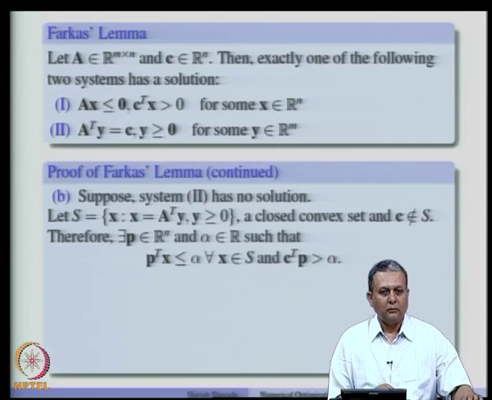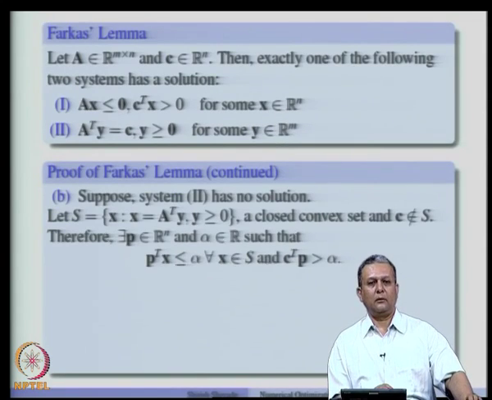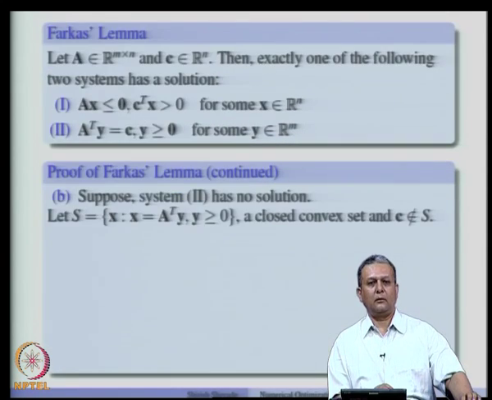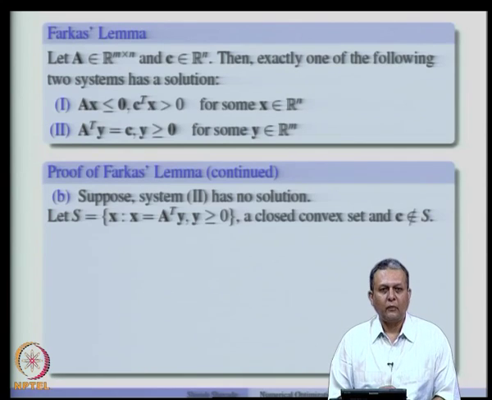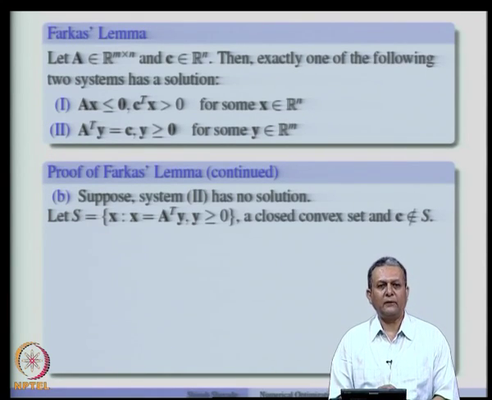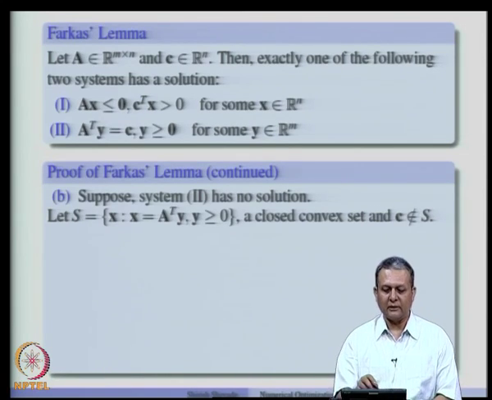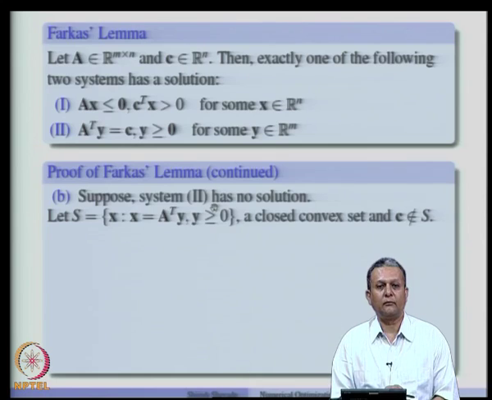Now, let us look at the other part of the proof. So far we studied that if system 2 has a solution, then system 1 has no solution. Now, let us consider the remaining part where system 2 has no solution.